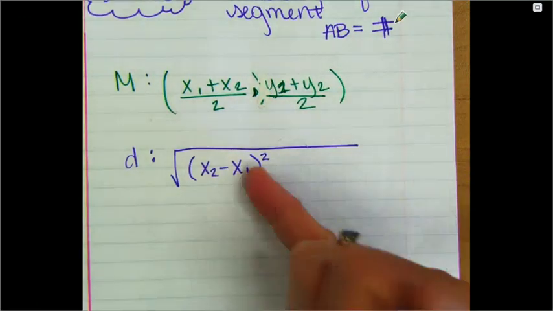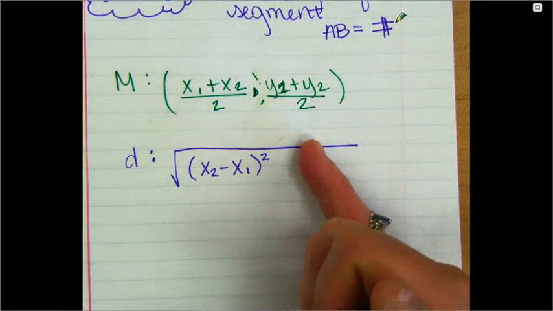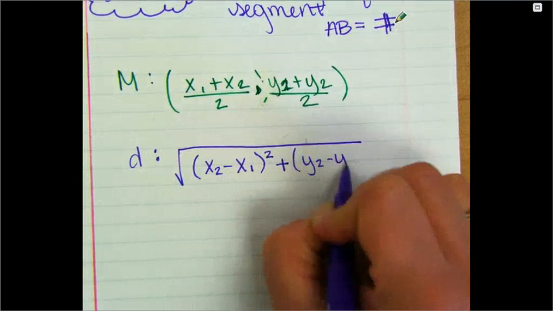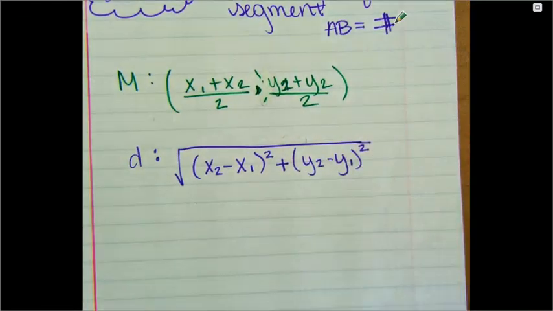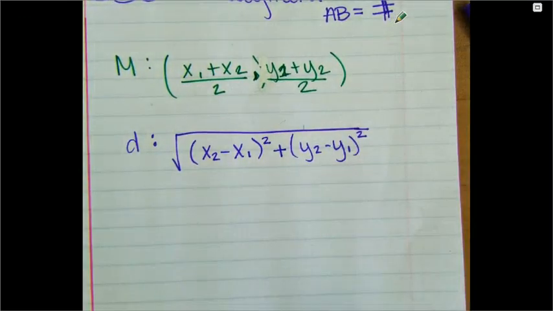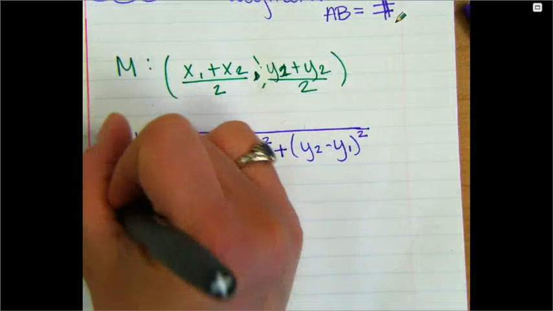Even if I get negative 4, when I square it, it should be a positive. Then we're going to add the same thing with the y. So y2 minus y1 quantity squared. Good? Should we know these? Am I going to see them on every homework problem tonight? Yeah, maybe.